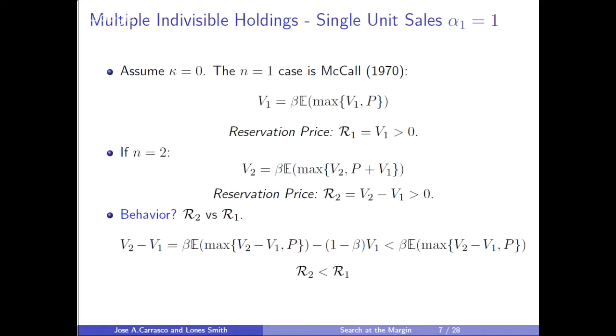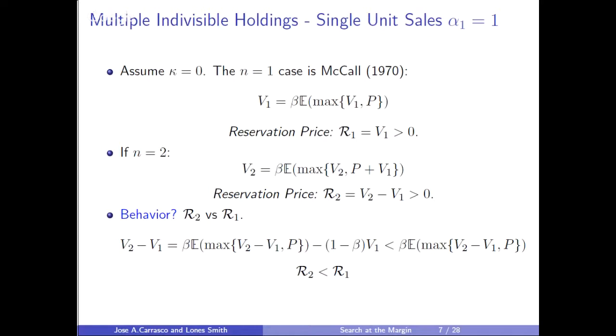Okay? Maybe I should write something here: the solution to the first equation, V1, solves V equals beta expected max V, P, right?